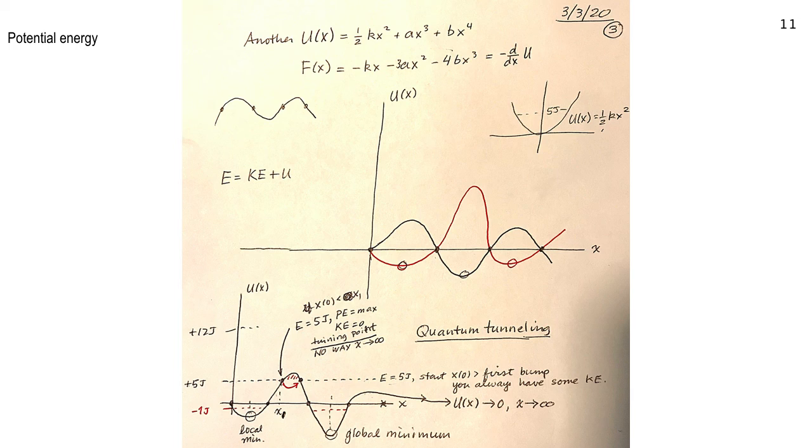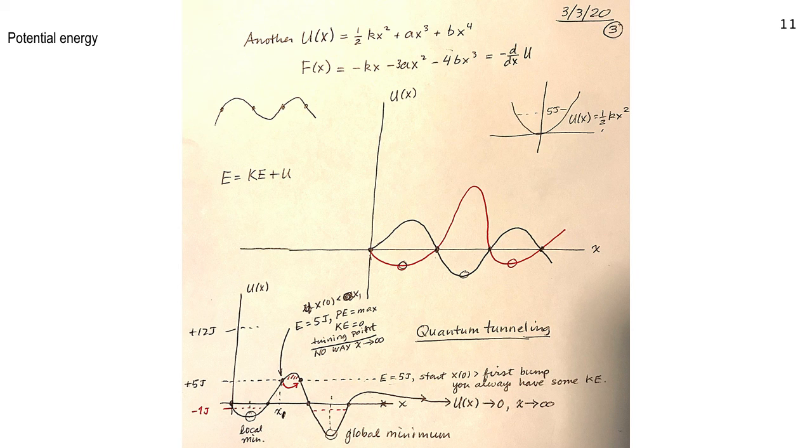So if you have 5 joules total and your potential energy is 5 joules here, then you haven't got any kinetic. Kinetic energy is 0, right? So it stops, but it still has a positive slope and therefore a negative leftward force there. So it'll stop and then start going back to the left. And then it'll start slowing down when it comes up this little hill. All right.